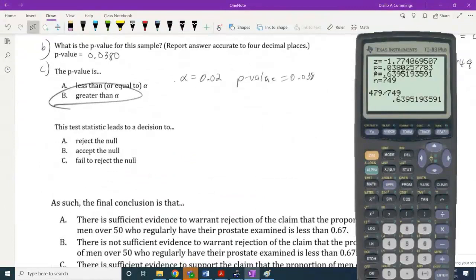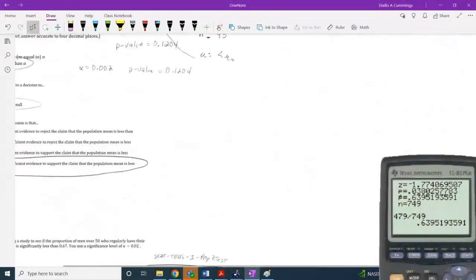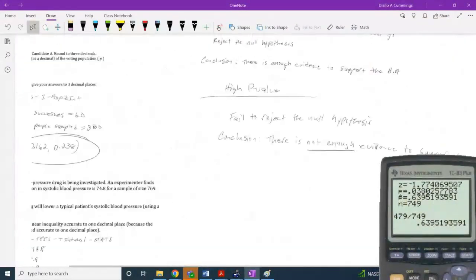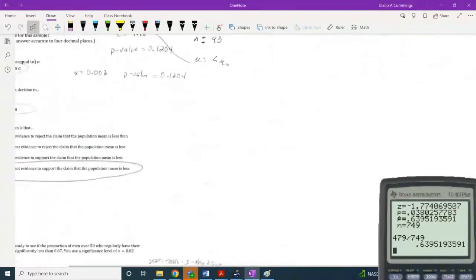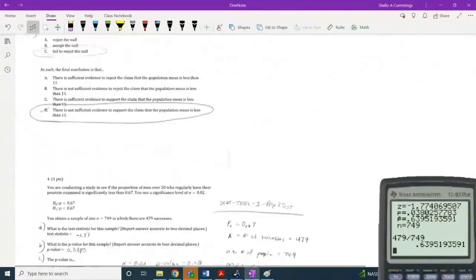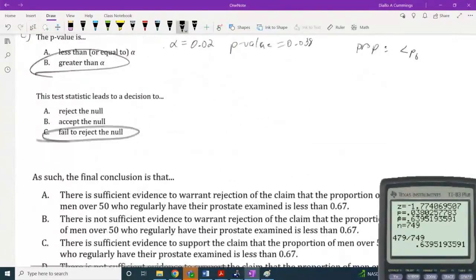So if the p-value is greater, what are we going to do to the null hypothesis? Let's just check. Greater means a high p-value. So if it's a high p-value, we're going to fail to reject the null hypothesis.